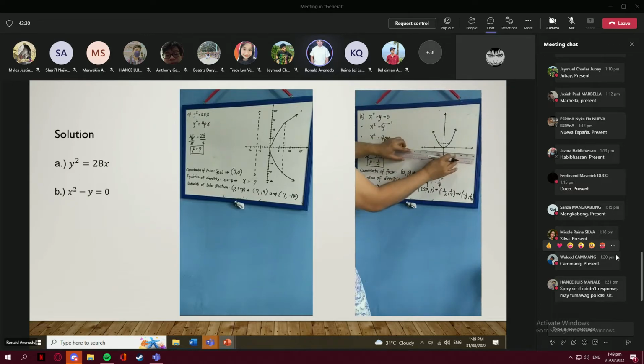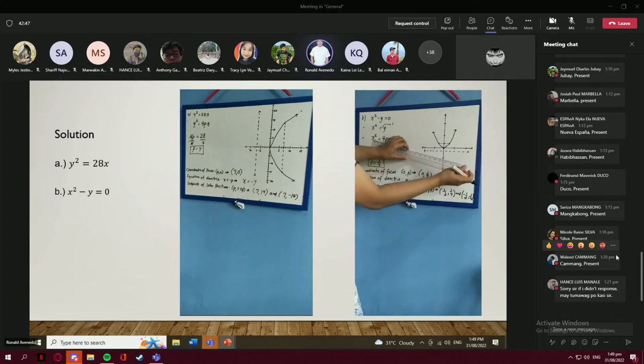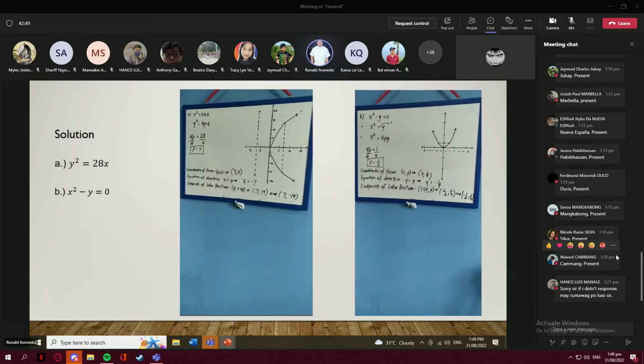So we are now plotting the directrix. Okay. So this is our graph.